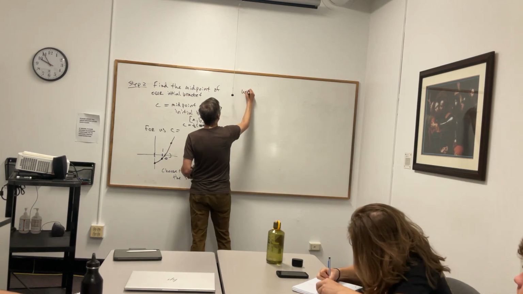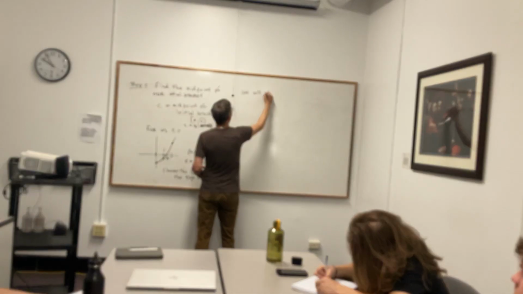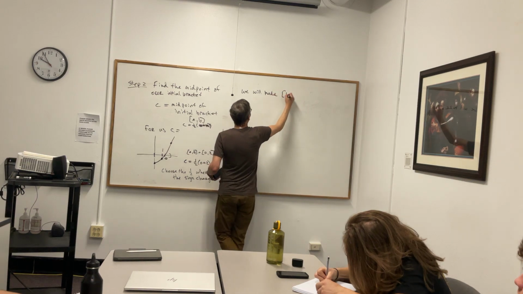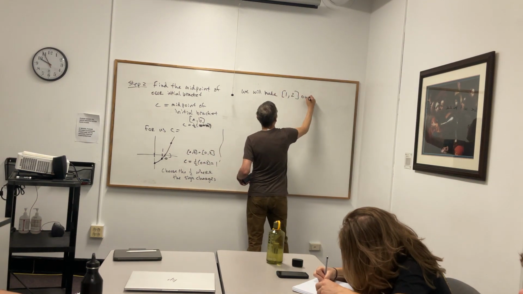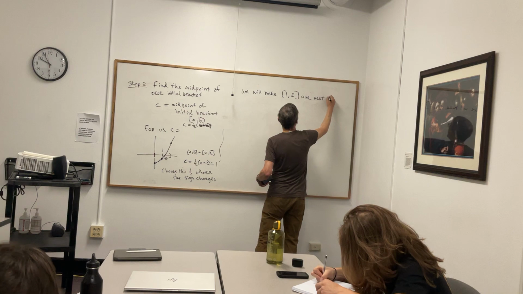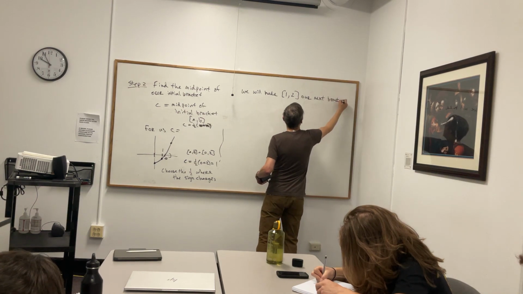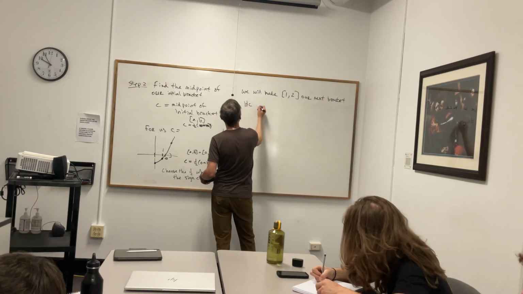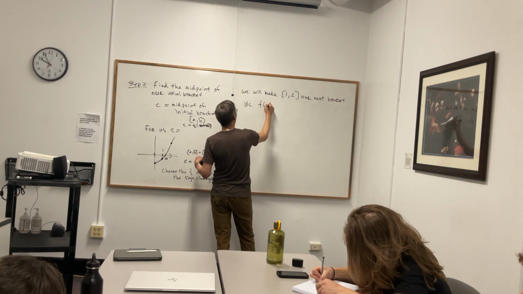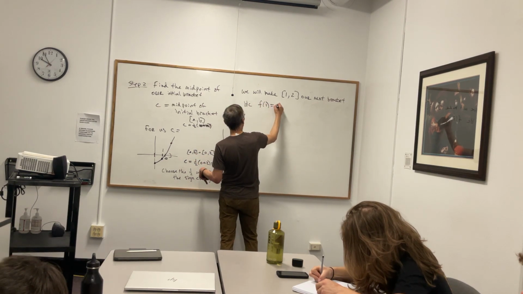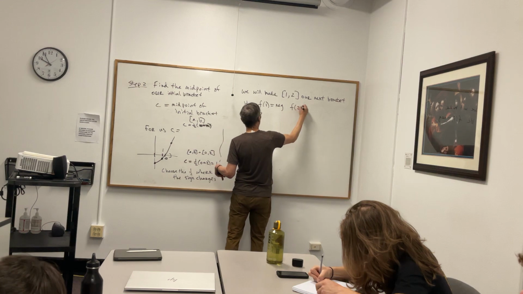So, we will make 1, 2 our next bracket, because f of 1 is negative and f of 2 is positive.